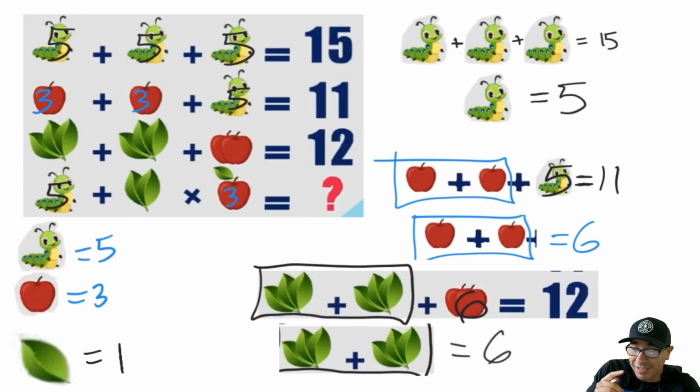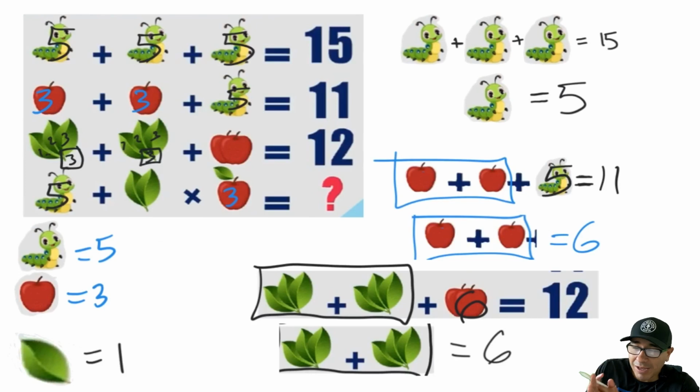So everywhere I see a leaf, it is worth 1. We know there are 1, 2, 3 leaves here, so this is a total of 3. And 1, 2, 3 leaves right there, another total of 3. Let's check our math. 3 plus 3 is 6, plus another 6 is 12. So check, we're good.